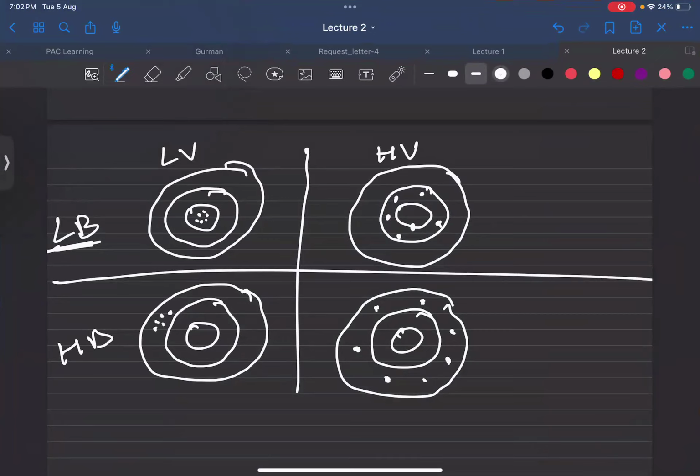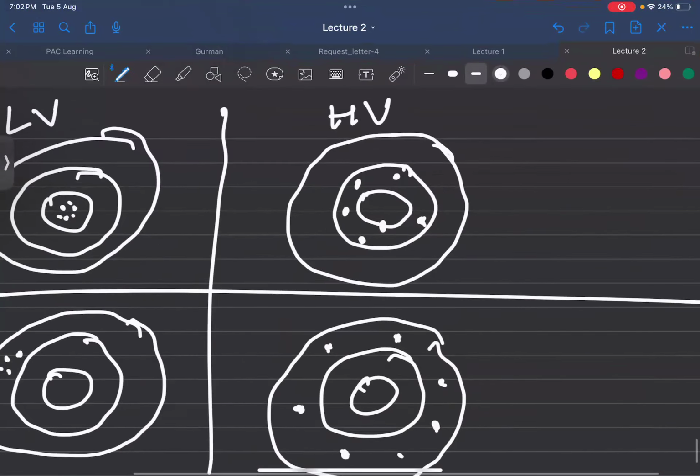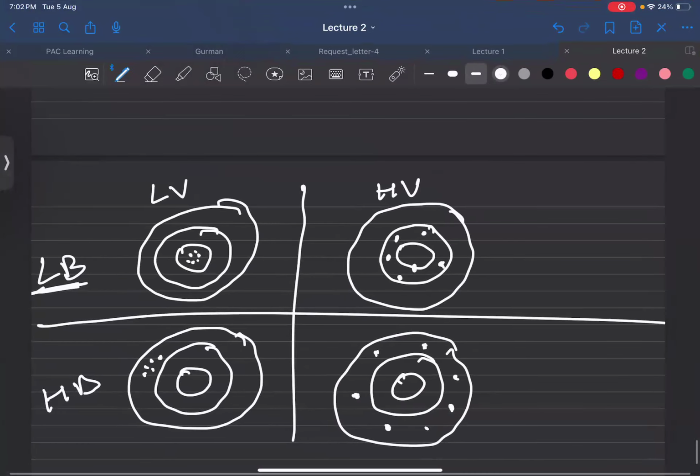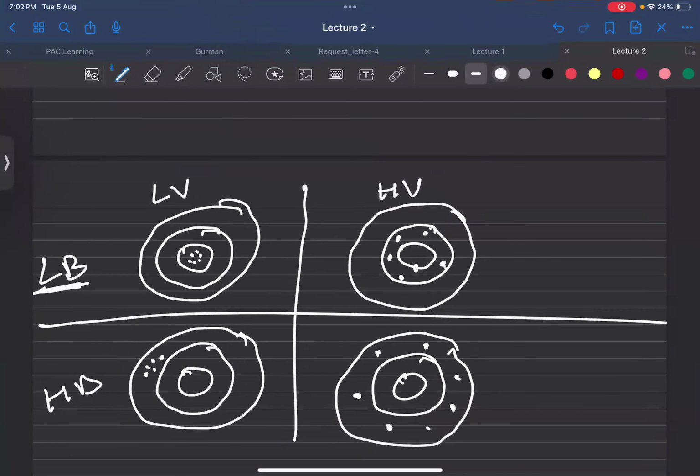In the low bias and low variance case, all the points are very close to each other because variance is low, and close to the target because the bias is also low. Because the bias is low, the predicted value will be very close to the actual value. In low bias and high variance, we will try to be close to our actual value, but the points will stay scattered because the variance is high.